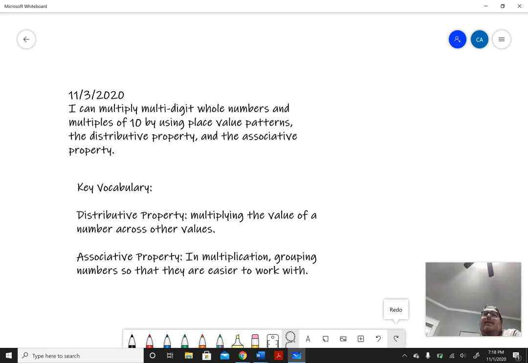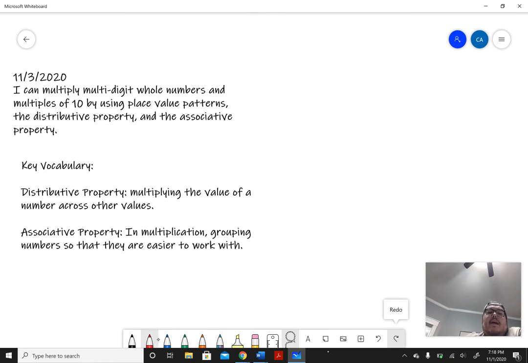So the first key vocabulary is the distributive property. What the distributive property means is that when we're multiplying, we can multiply the value of a number across other values. Here's an example. If I have 8 times 42, and I think, ooh, that's going to be hard, the distributive property tells me that I can distribute my 8 to the value of 40 and my 8 to the value of 2, right?